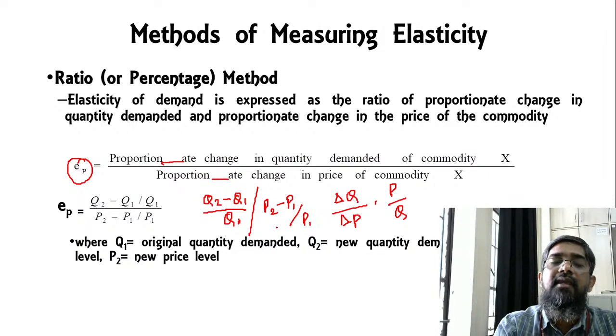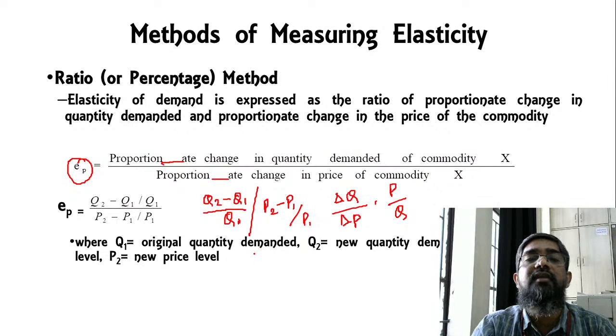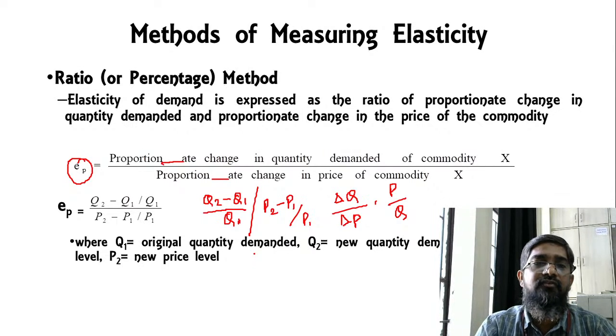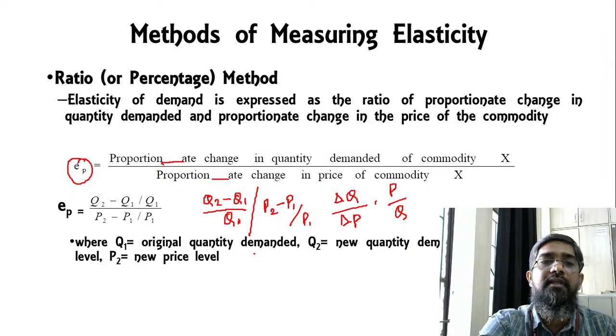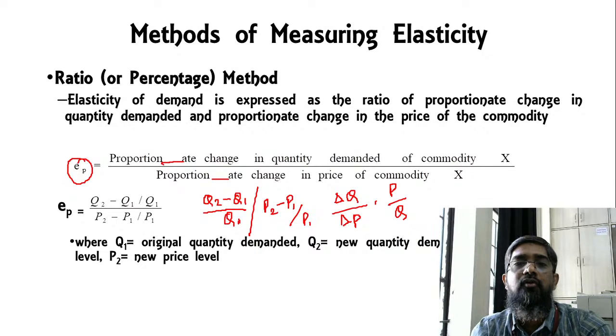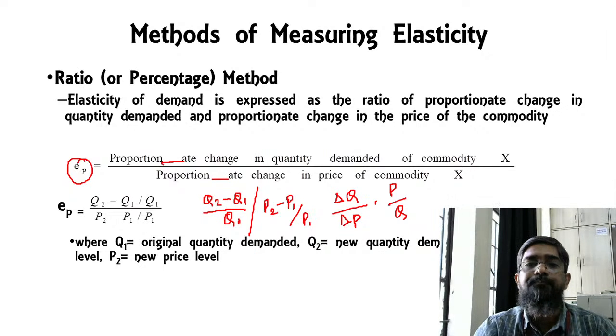You can easily calculate. In detail we will solve the numericals in the next class obviously. Now let us see only the formula and how we can calculate it. So this is the ratio method, this is how we can calculate with the help of the ratio method.